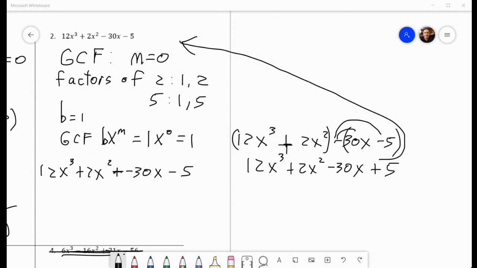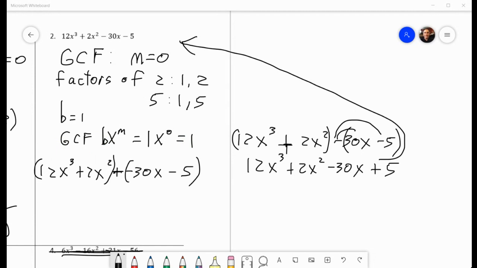Because now if you form parentheses, it's a little bit easier to be careful, as you can see. That's why I like to keep addition. I like to make it so that we're adding a third term, not subtracting.